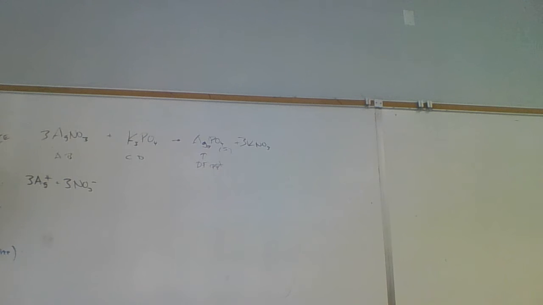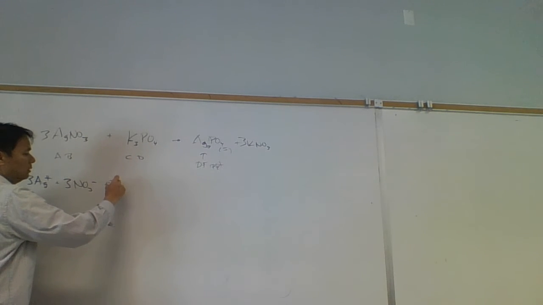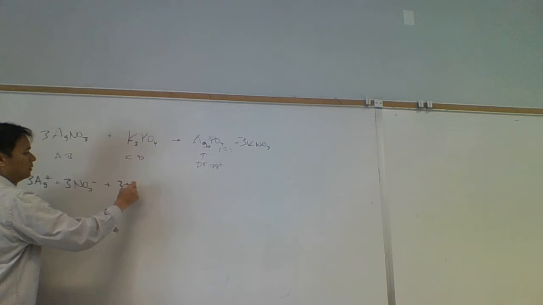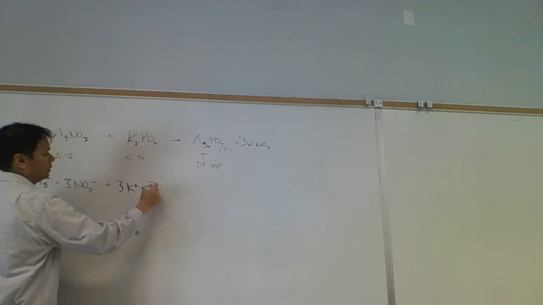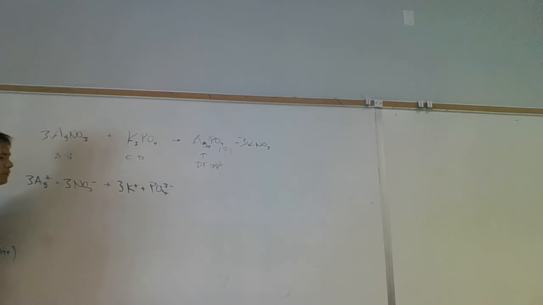There are going to be 3 silver ions and 3 nitrate ions. Potassium phosphate. Does water break apart potassium phosphate crystals? Yeah, it breaks it up into potassium ions and phosphate ion. The potassium is a +1, so we need 3 potassiums for every phosphate.